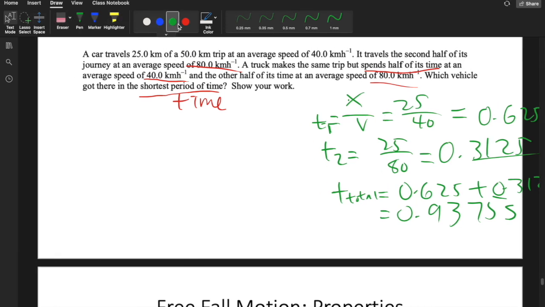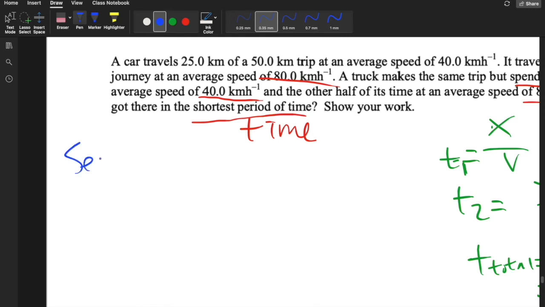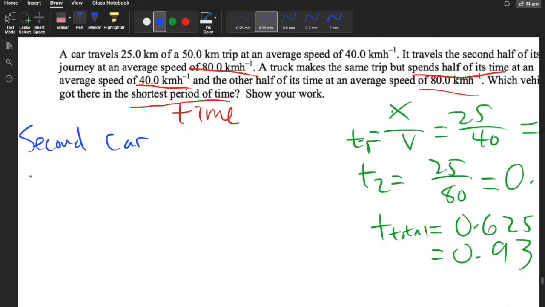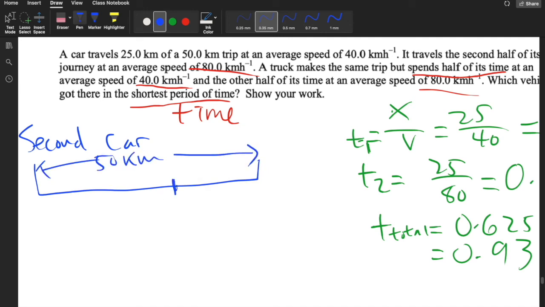And for the second car, we know that it's also 15 kilometers. And then let's assume the total time is t. So it spent half of its time at an average speed of 14 kilometers per hour.